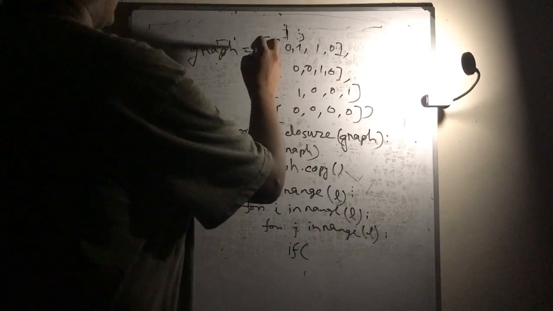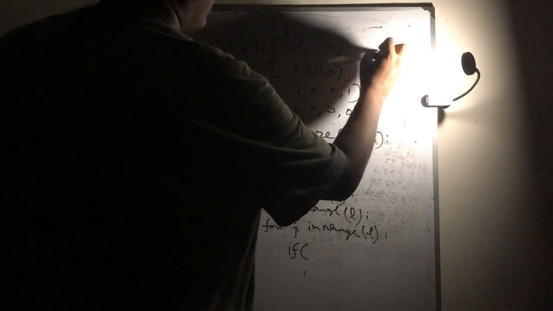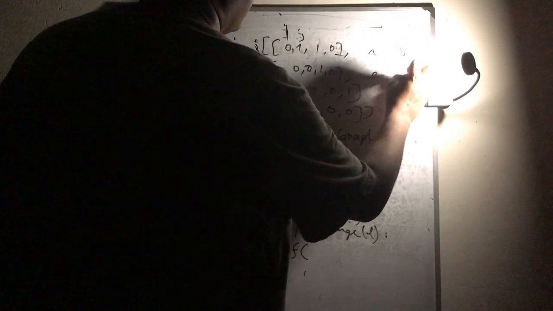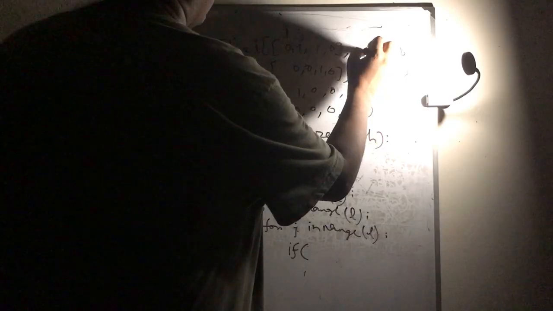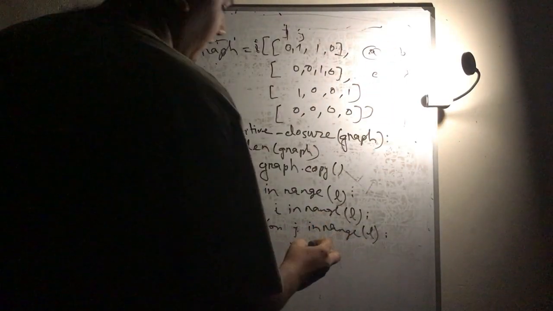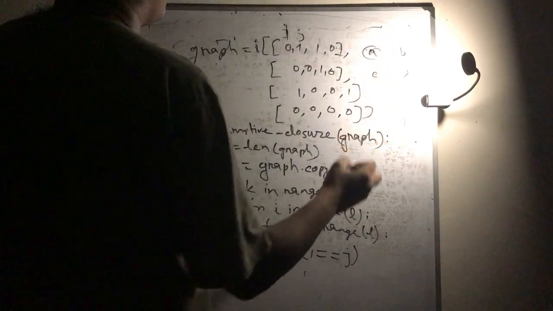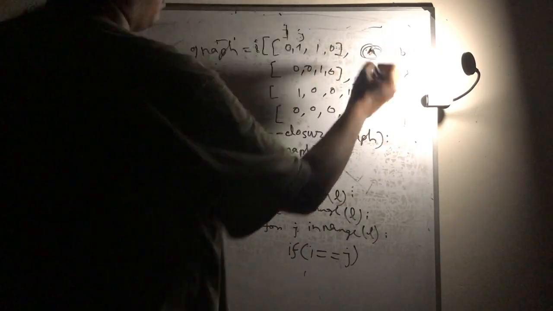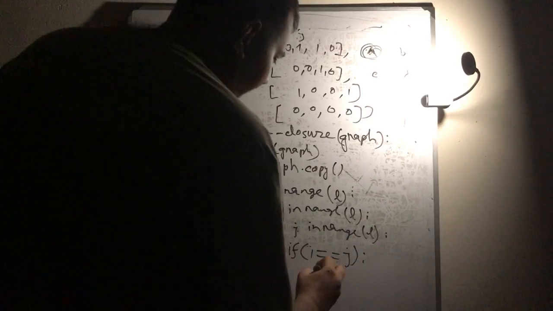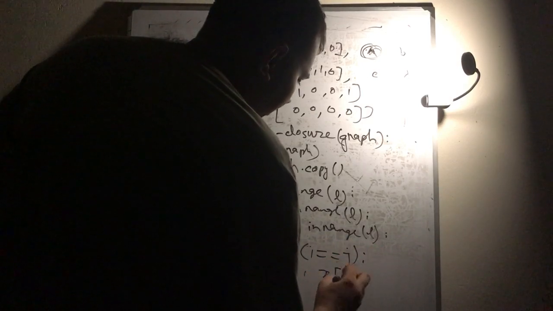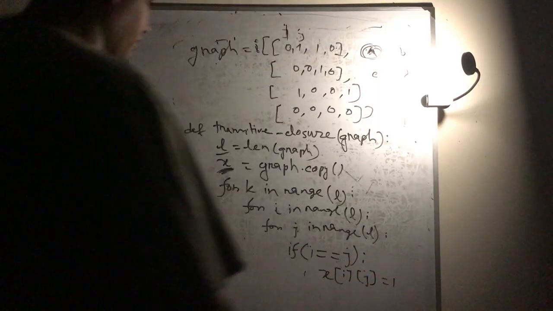Also if i equal j, that means from A, B, C, D, same vertex to same vertex, there is a path. So A to A, there is always a path. If i equal j, x i j equal 1. Okay.